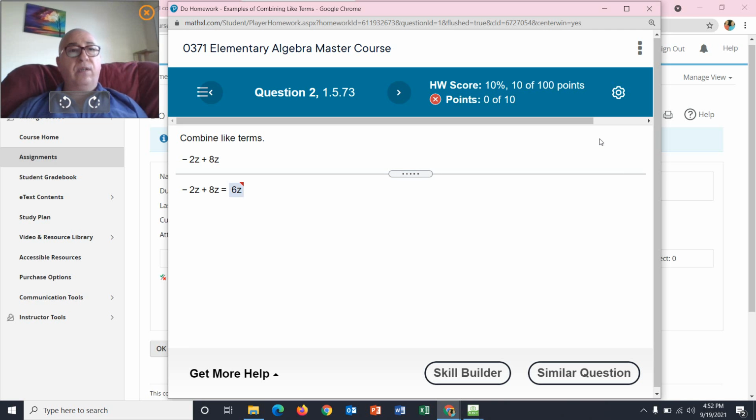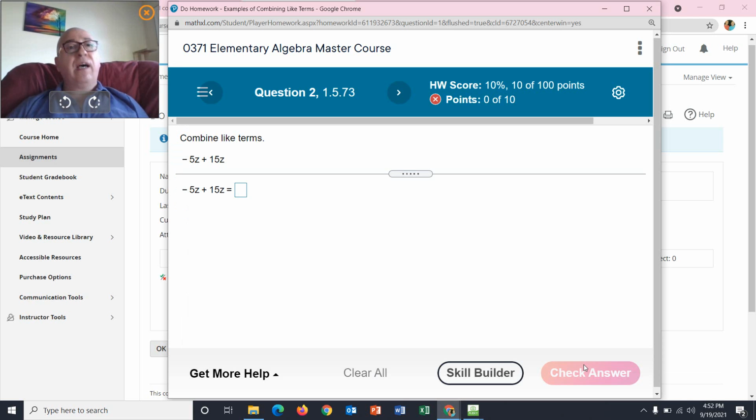Close it out. You'll notice here the little red tab. I answered 5z, but the correct answer was 6z. Okay? But I'm going to click similar question, and I'm going to get this one right.